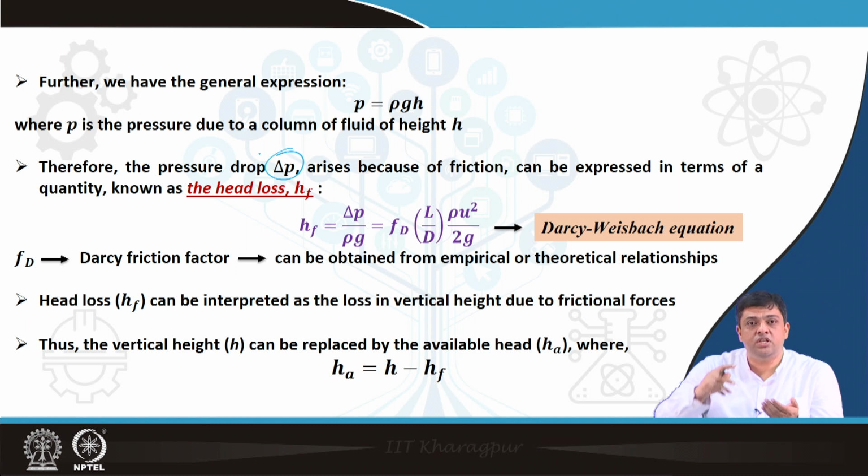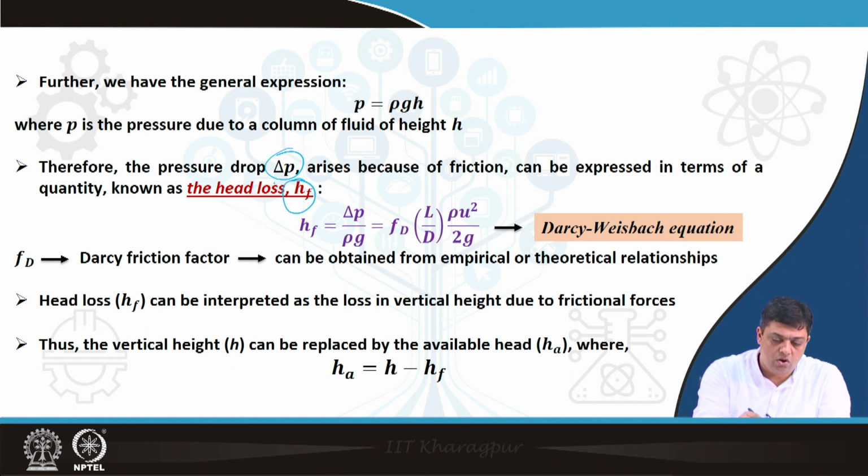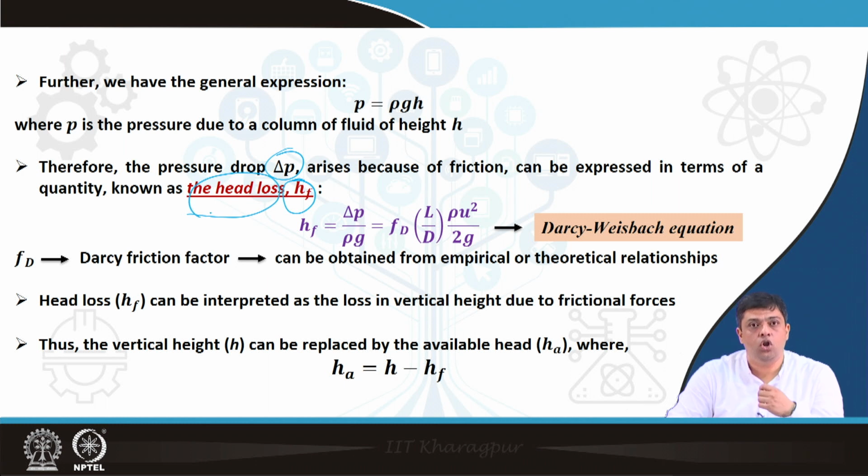Friction between the inner wall surfaces of the penstock and the flowing fluids, and this is expressed in terms of the quantity defined as HF, or the head loss, and HF is given as delta P by rho g, that is equal to F_d into L by d into u square by 2g.